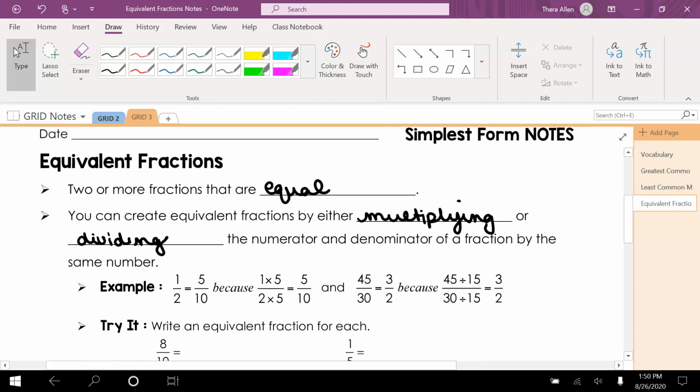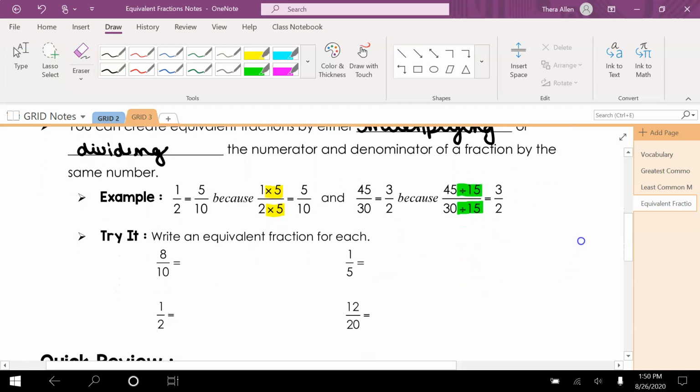For example, 1/2 is equal to 5/10 because 1 times 5 equals 5 and 2 times 5 equals 10. Notice that they multiplied by the same number. And 45/30 is equal to 3/2 because 45 divided by 15 is 3 and 30 divided by 15 is 2.